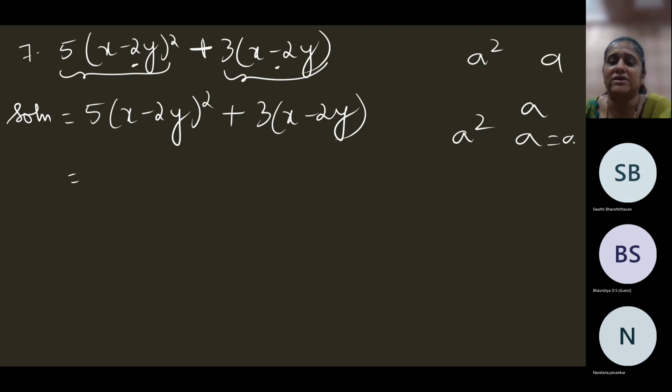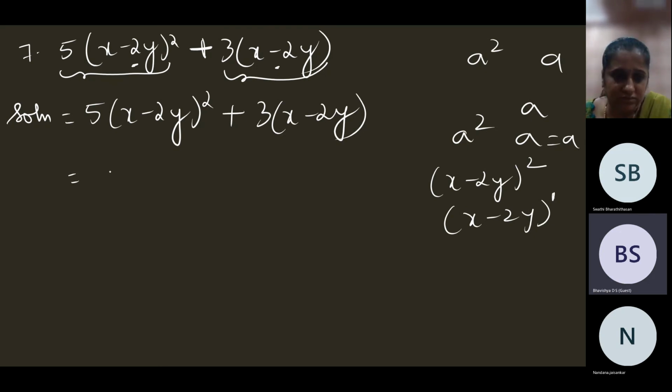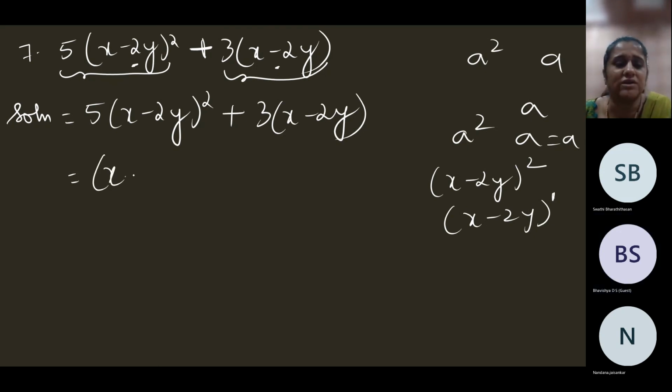Least power, a, right? So similarly, this is x minus 2y the whole square, power is 2. This is x minus 2y, that means the power is 1. So which is the HCF? x minus 2y, ma'am. Yes or no, children? x minus 2y.